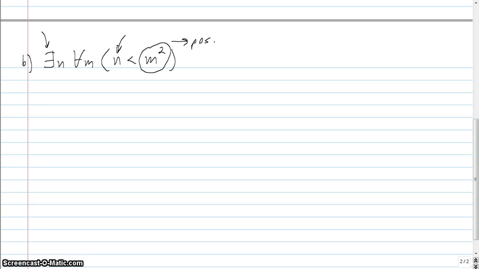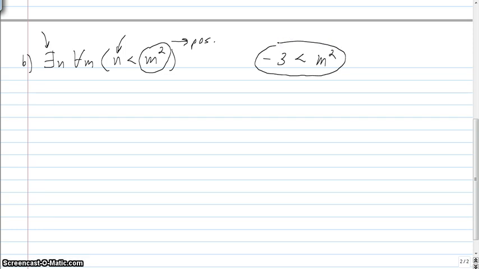So in this case, I can pick an actual specific numerical value for n. I think any negative integer would work, because if you pick n to be, say, -3, this is always true. A negative is always less than something squared.